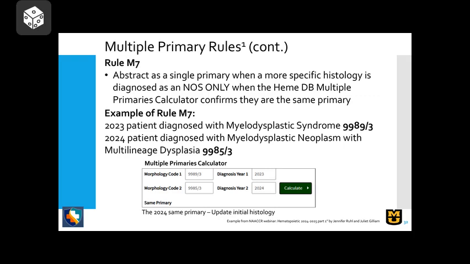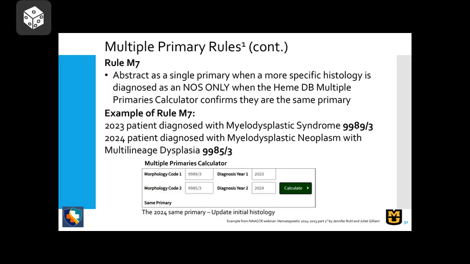In 2024, the patient is diagnosed with myelodysplastic neoplasm with multilineage dysplasia 9985/3. This is a more specific histology. So in the multiple primaries calculator, the histology or morphology code from 2023, 9989/3, is entered in code 1.